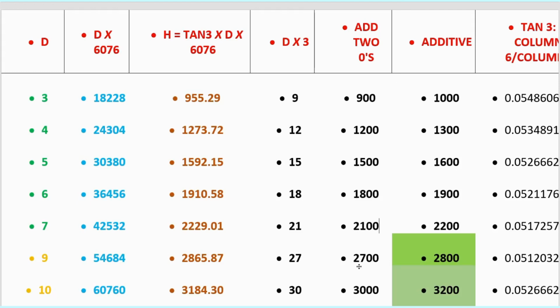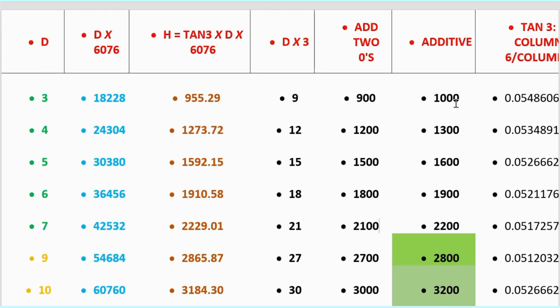So now you can appreciate, once more I will say it very slowly: multiplying the distance in feet by tan 3 is roughly equal to multiplying the distance in nautical miles by 3, adding 2 zeros, and adding an additive of, let's say, 100 feet.